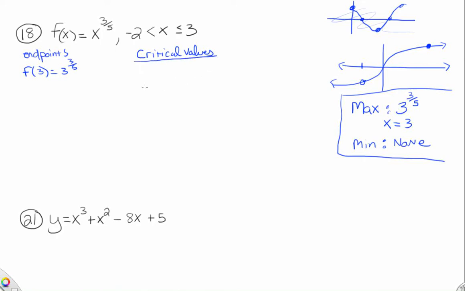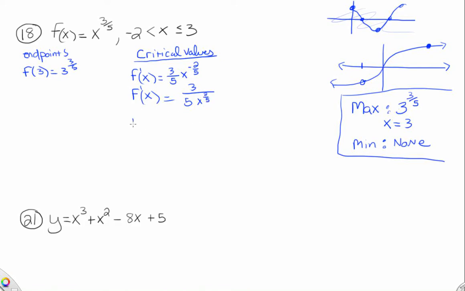That means I'm looking for the derivative of f, which would be 3/5 x to the 3/5 minus 5/5 would be -2/5, which simplified would simply be 3 over 5 x to the 2/5.